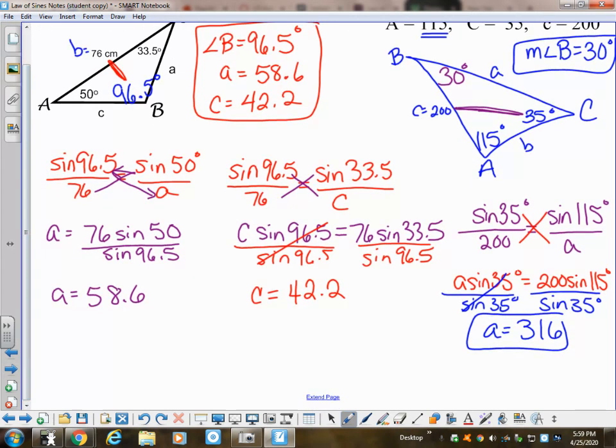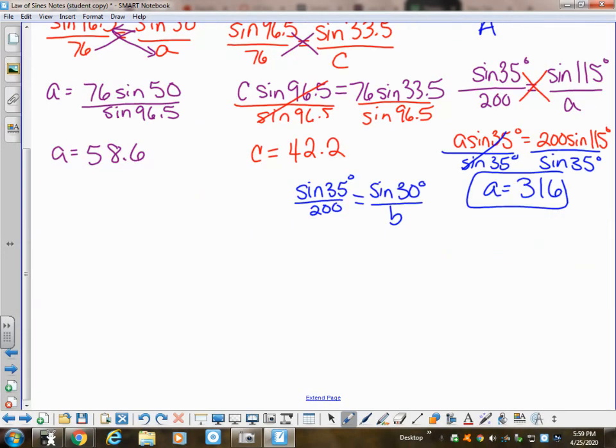All right, now set up my next proportion, sine of 35 over 200 again, using my C's, and I want to find side B, so sine of angle B, which is 30 over little b. Okay, I'm going to do my little shortcut here.